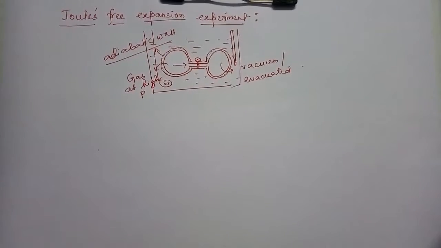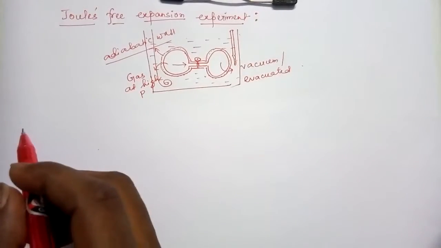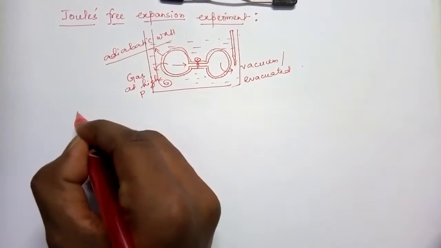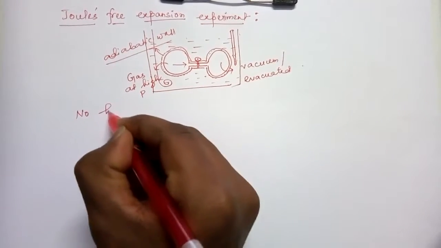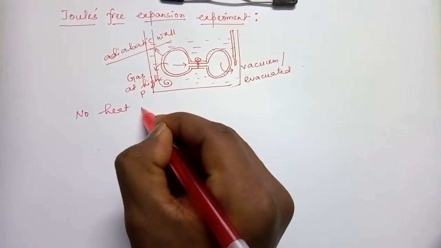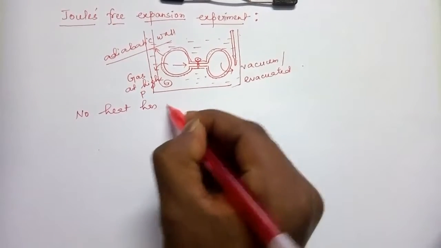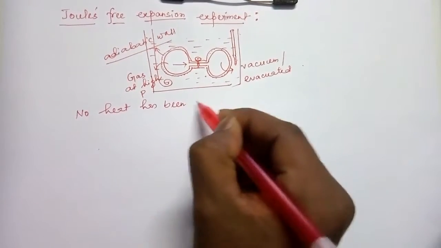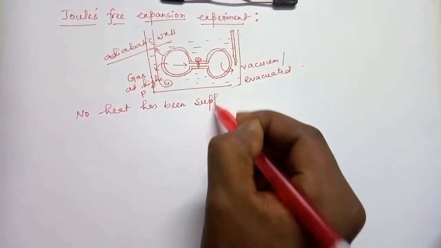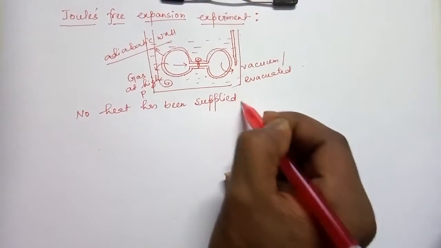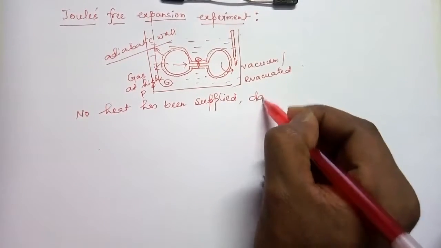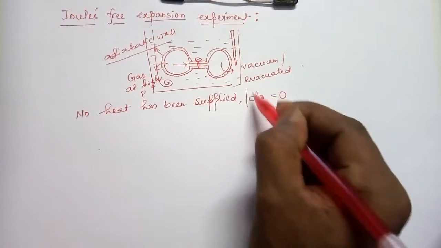As the system is covered by an adiabatic wall, no heat transfer is possible. No heat has been supplied, right? So dq equal to 0.